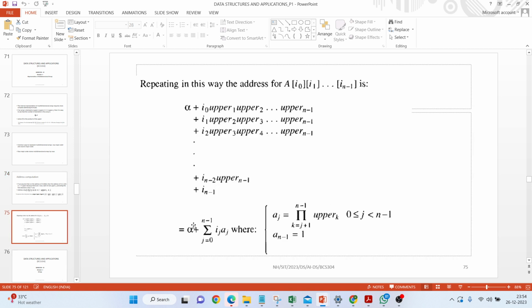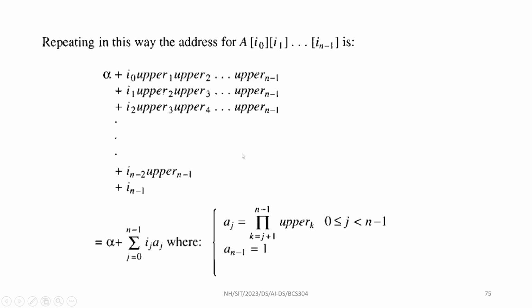In general, this is the formula to compute the address: alpha, the base address, plus i0 into upper 1, upper 2, upper 3 and so on, i1 into upper 2, upper 3, upper 4, i2 into upper 3, upper 4, upper 5. For the last one, i n minus 2 into upper n, and the last one is just the index value. With this you can compute the address of any location.